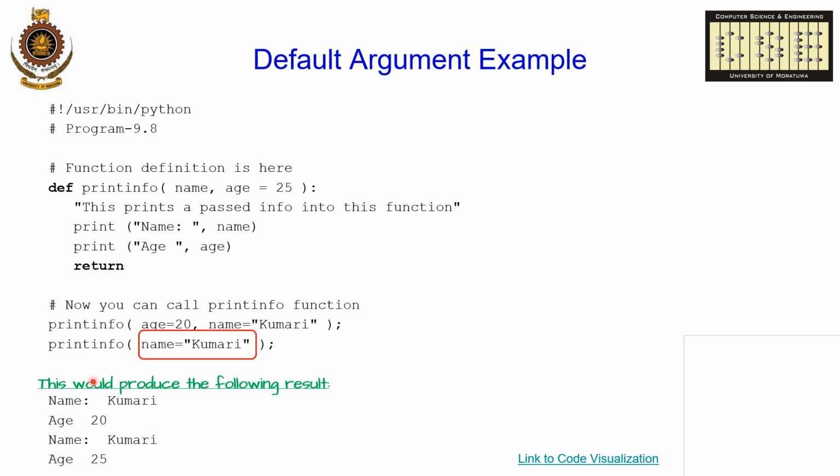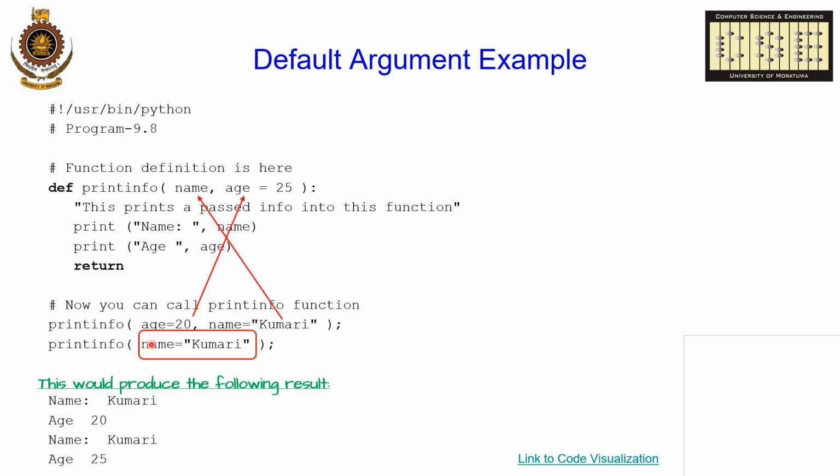So these first two lines are printed from this call to that function. Age is 20. Irrespective of the order, since we are passing with keywords, it's taken correctly. It prints Kumari and age is 20.